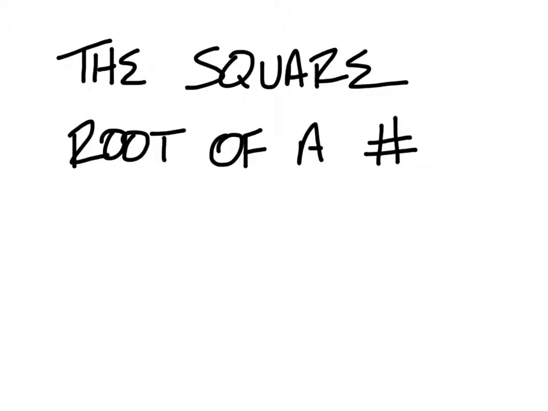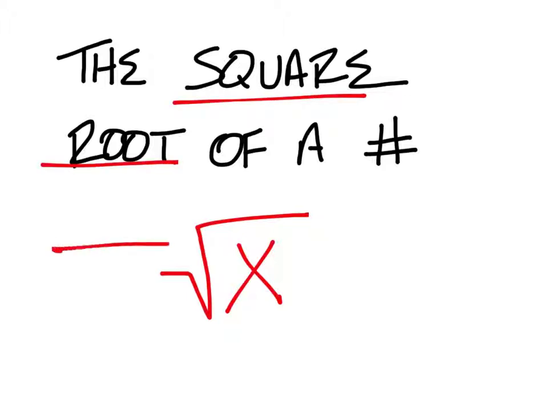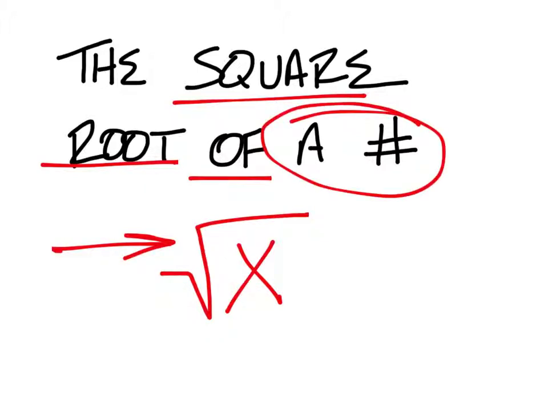The square root of a number. Square root of x. Square root sign with the x underneath of it. Square root symbol is this, and then of implies what's going to be underneath. X, square root of x.